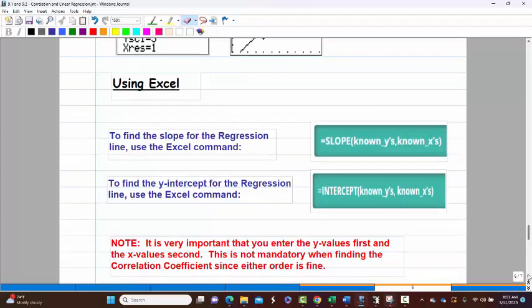You have to put the Y values in the command first, then the X values second for both of those commands. Now the calculator is just the opposite. The calculator wants the X's in L1 and the Y's in L2, and it'll take care of it from there. But here, for some reason, I have no idea why it's done this way, the Y's must be entered first.